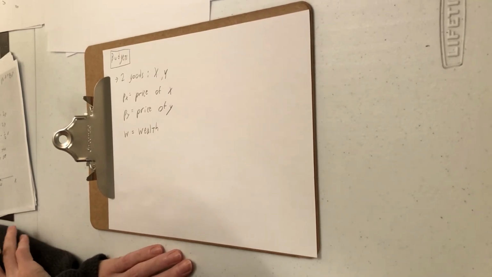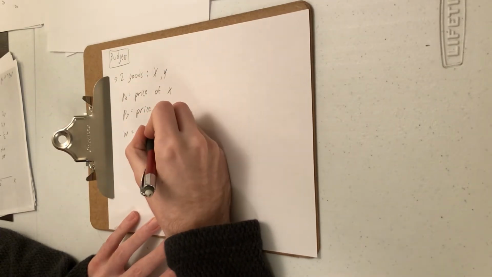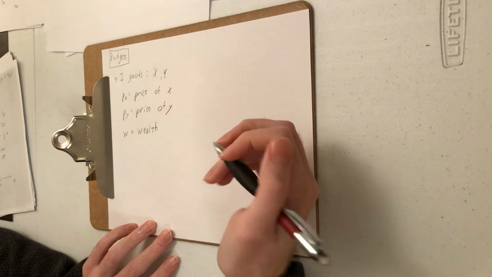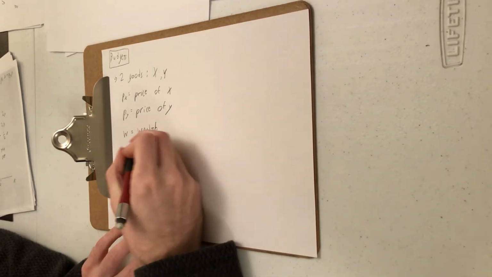So we'll first figure out how all these variables are related. So let's say you're starting with just $20, so your wealth is 20.